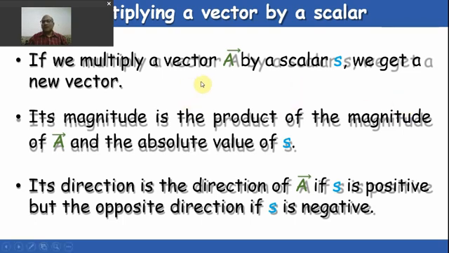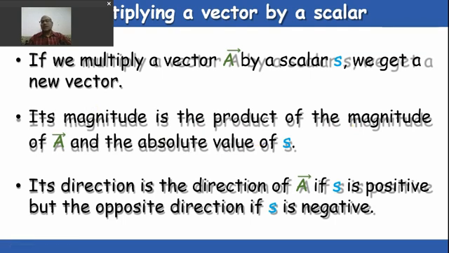So if we multiply a vector by a scalar, we get a new vector, because there is no change about the direction and about the nature of that particular physical quantity. But because of the multiplication, definitely the length will change. So its magnitude is the product of the magnitude of A and the absolute value of the scalar. So its magnitude increases, but the direction remains unchanged.